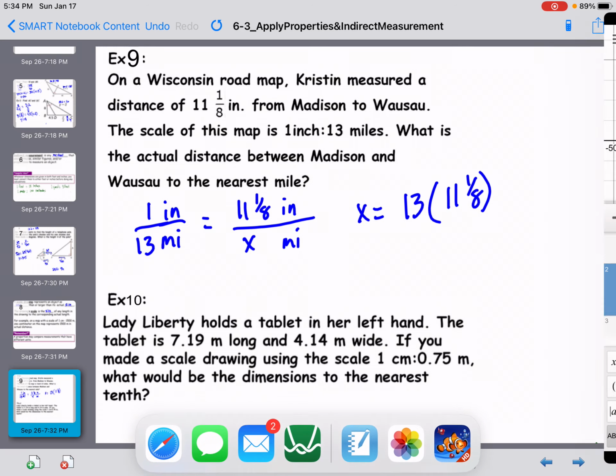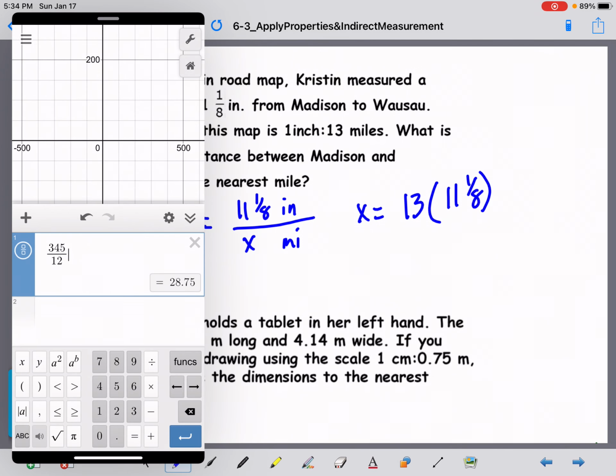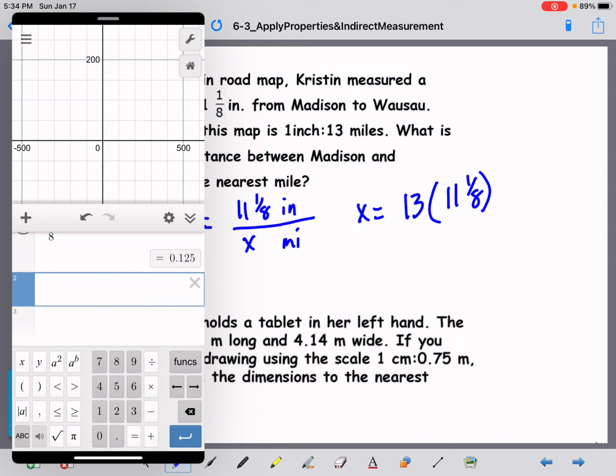Now this is going to be a little bit trickier to type in the calculator as well. 13 times 11 division. See, it's not going to let you do that 1/8. So what you can do is you can say 1 divided by 8 and you get 0.125.